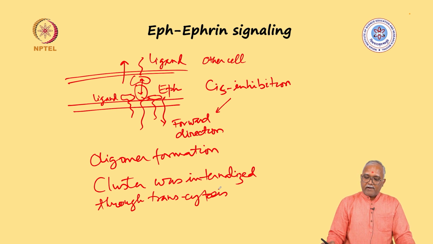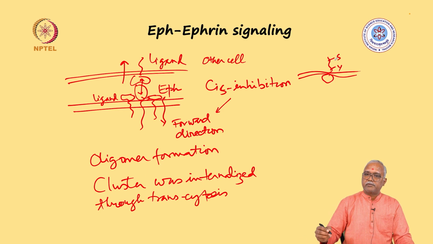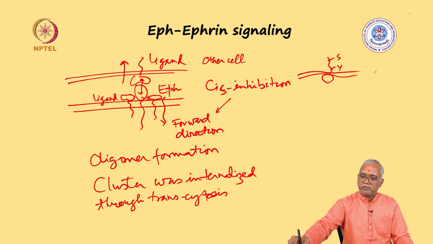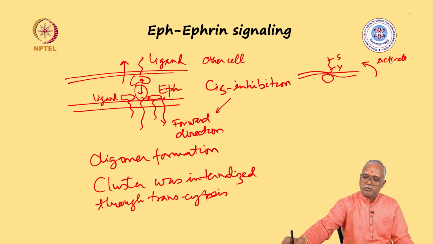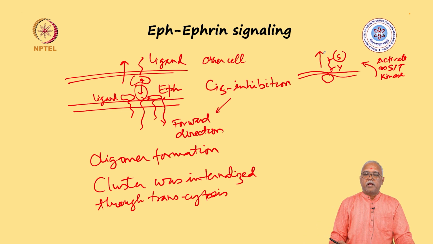We also noticed that the C-terminal tail could be phosphorylated at tyrosine residues and serine residues. So sometimes independent signaling from some other route activates a kinase which is a serine threonine kinase, and that ends up phosphorylating these serine residues, which kind of initiates a signaling in the ligand bearing cell.